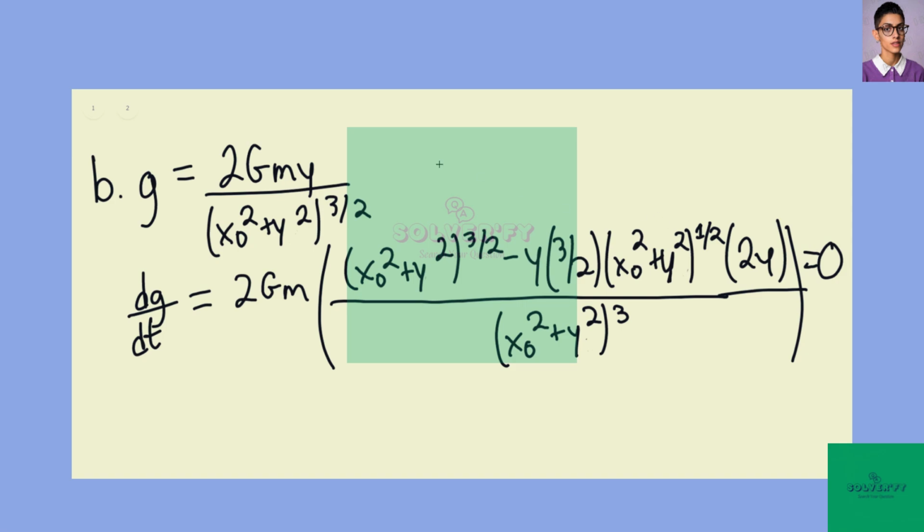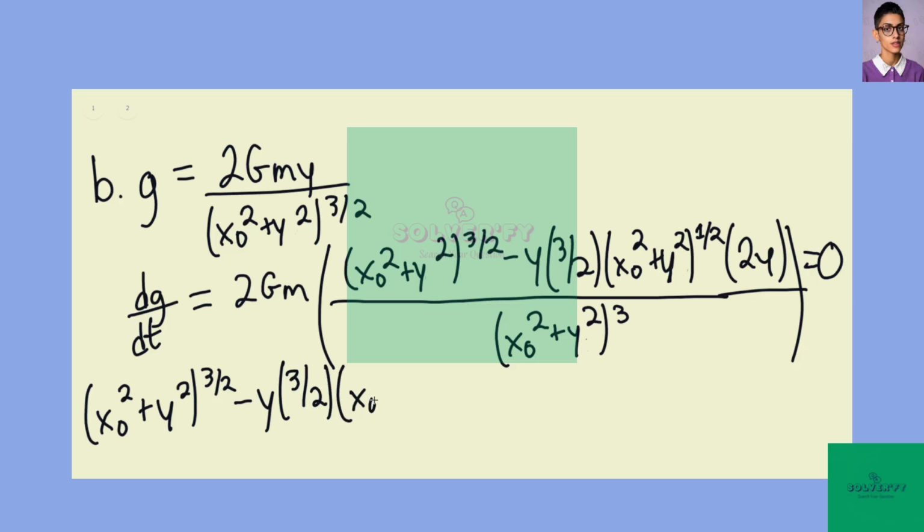Now we can set this equal to 0 and create a sort of quadratic: x naught squared plus y squared to the 3/2 power minus y times 3/2, and this will all equal 0.